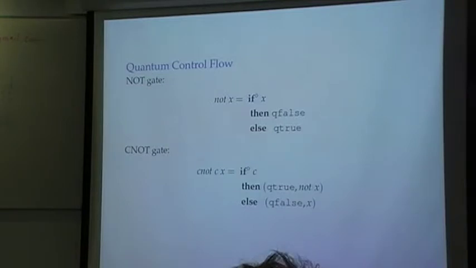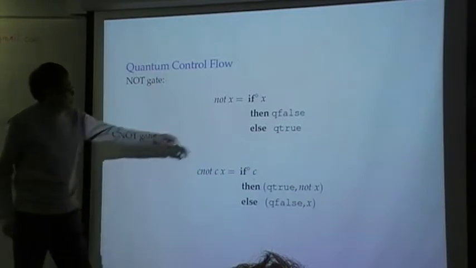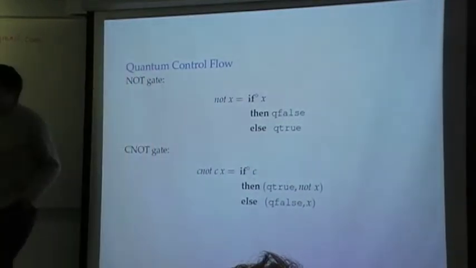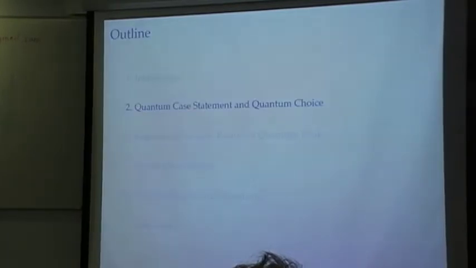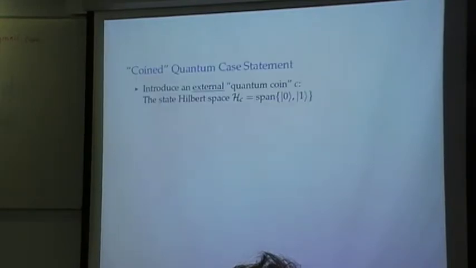The idea is we analyze this, for example, for this NOT gate, we analyze this qubit X along the orthogonal branches of it. But we have a different approach to define the quantum control flow. So the idea is to introduce an external quantum coin.